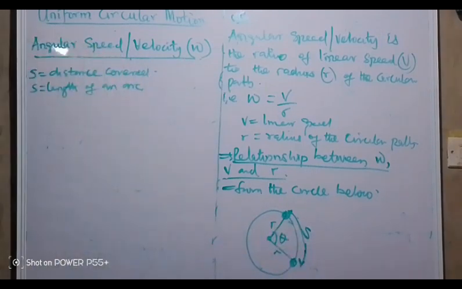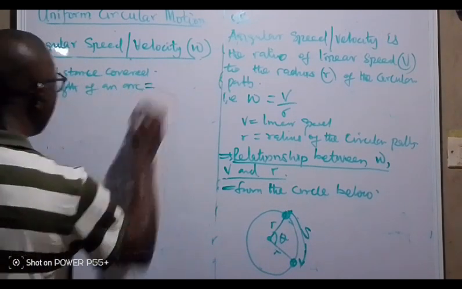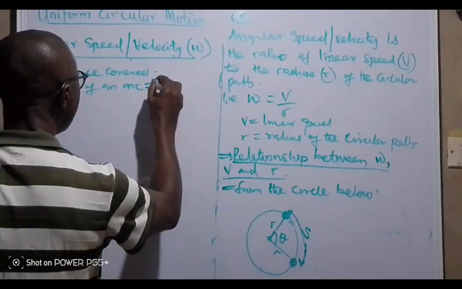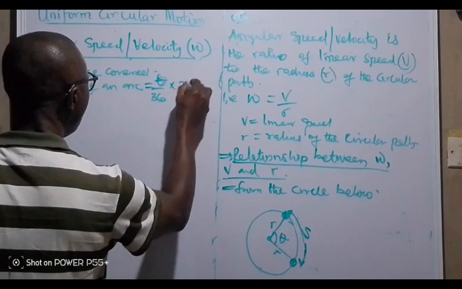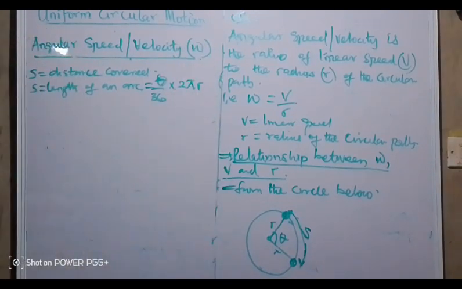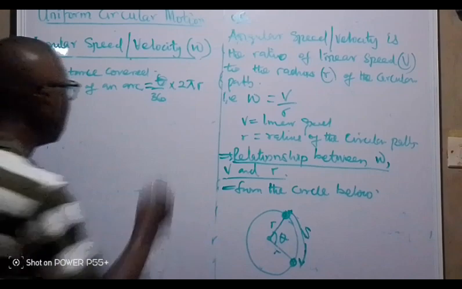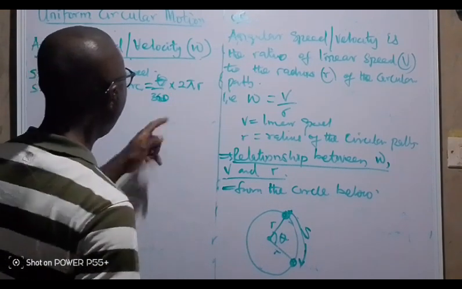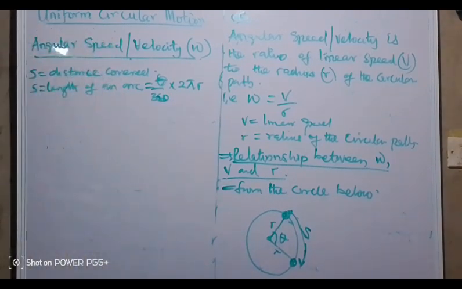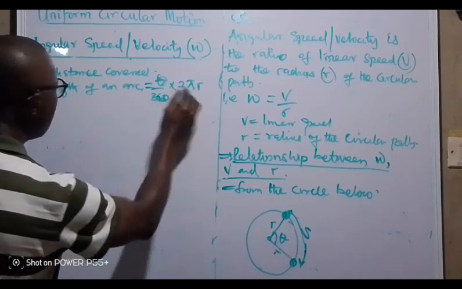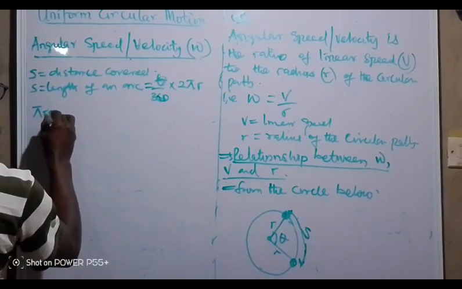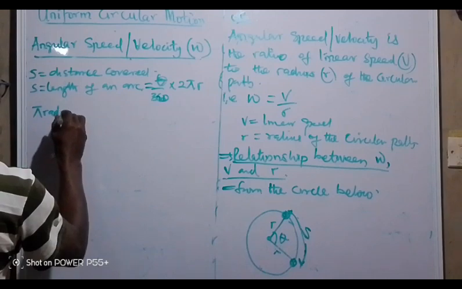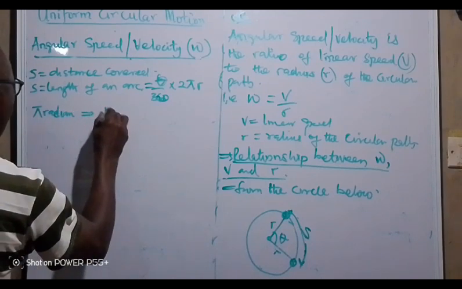So, mathematically, the formula for the length of an arc is theta over 360 multiplied by 2 pi r. Under this one, note that pi is taken in radian. The unit is radian, and pi radian is equivalent to 180 degrees.